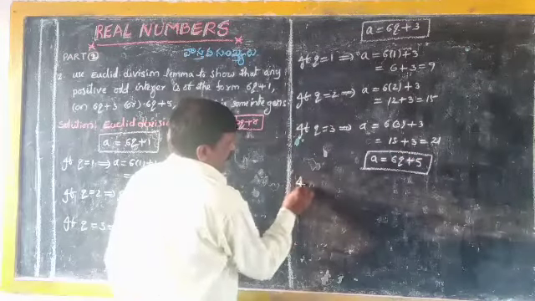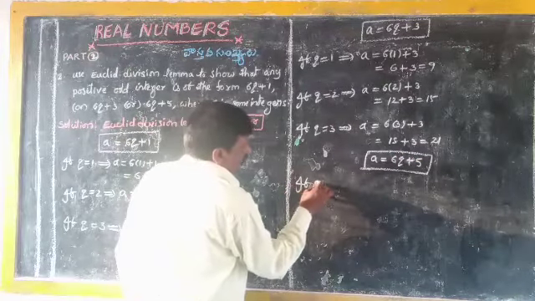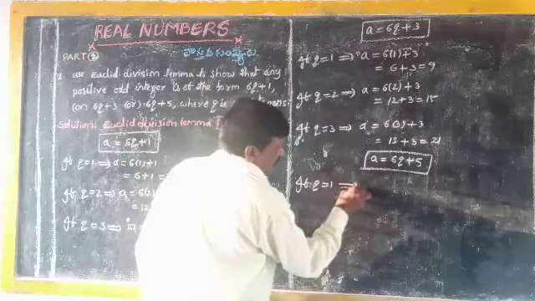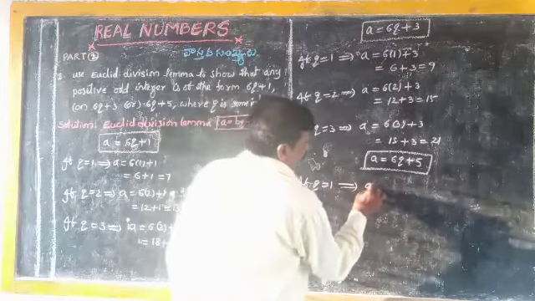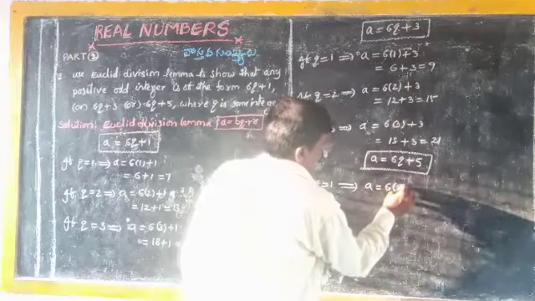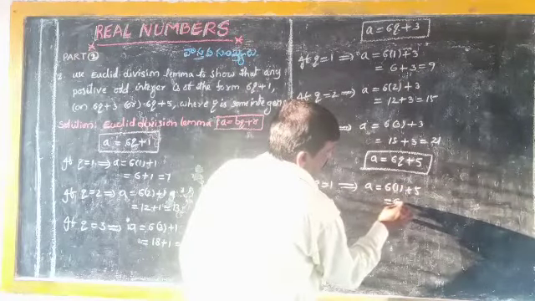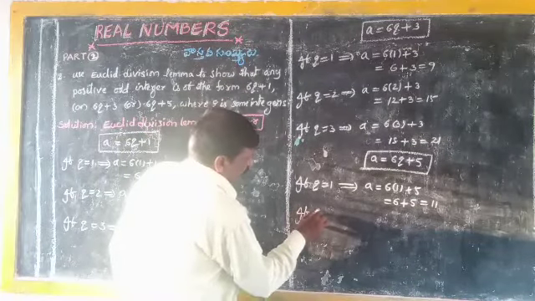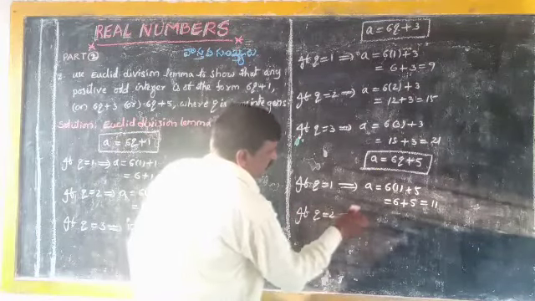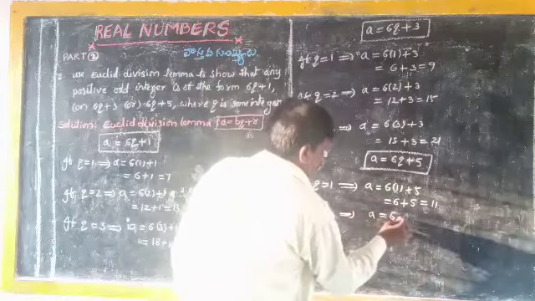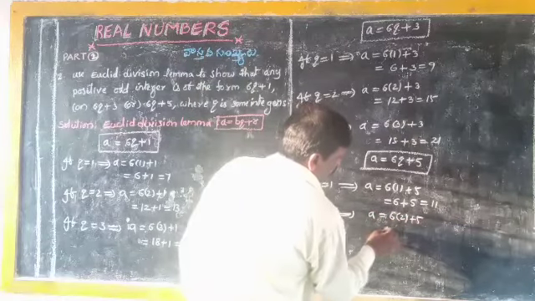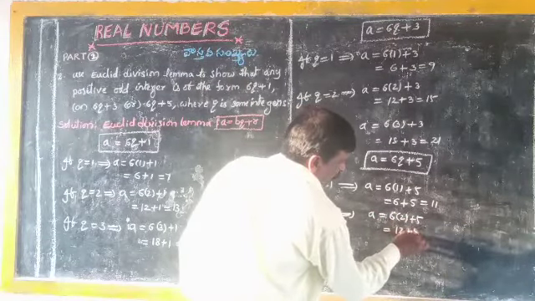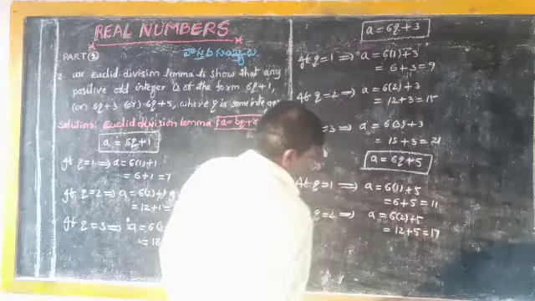Next, a is equal to 6q plus 5. If q is equal to 1, a is equal to 6 into 1 plus 5, 6 plus 5 is equal to 11. If q is equal to 2, a is equal to 6 into 2 plus 5, 12 plus 5 is equal to 17.